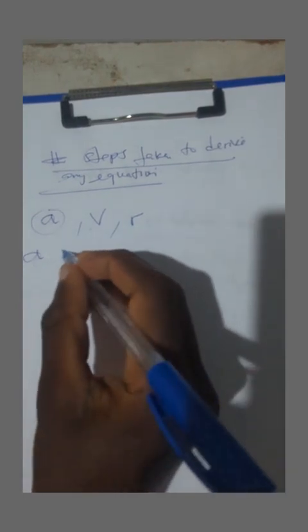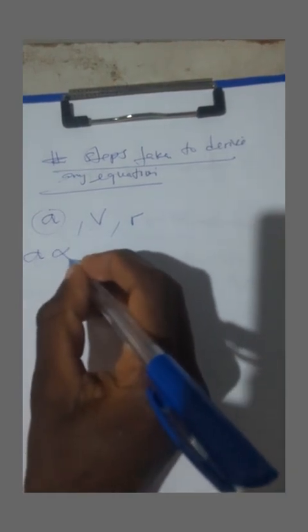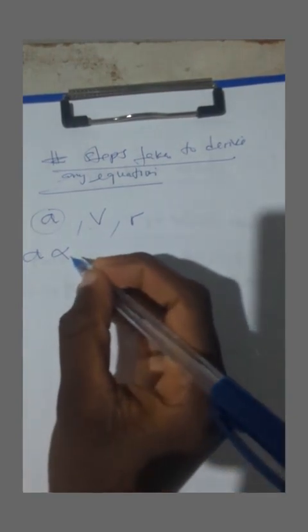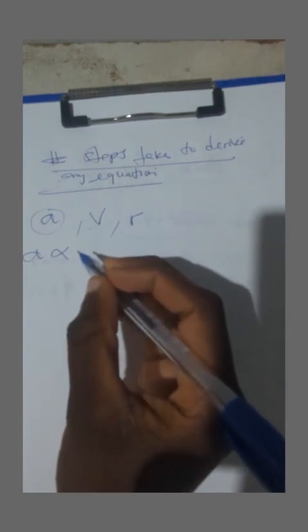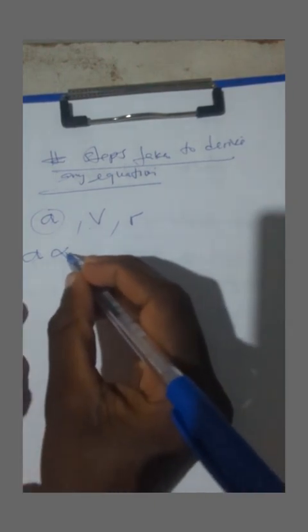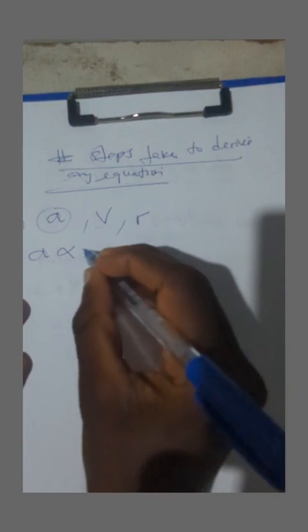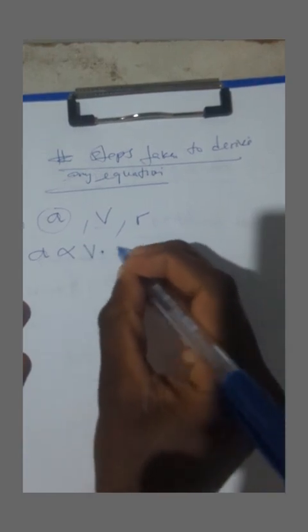So what you need to do is write a, then the proportionality symbol, alpha, then multiply by v and then by r.